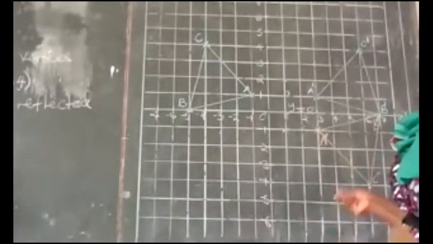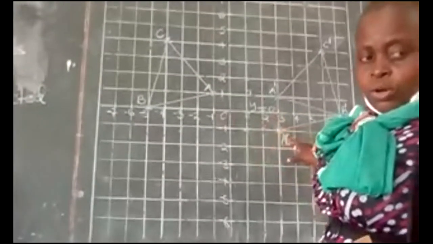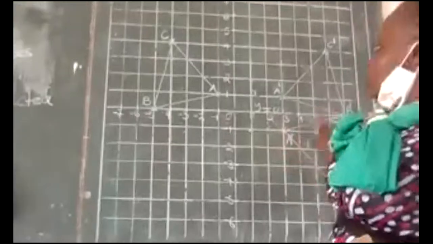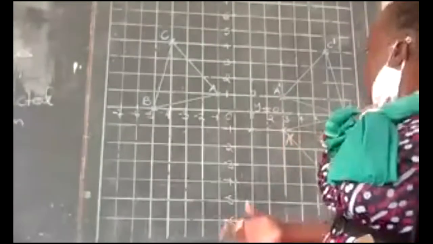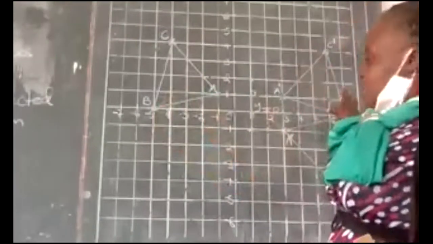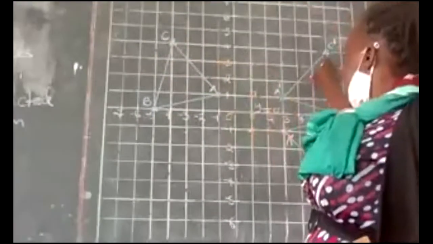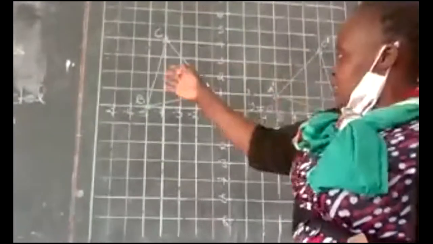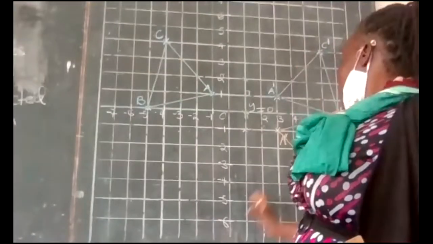So do not leave hanging points. You must always draw the triangle to join the plotted points. Now, after that, we said you must write all these images, rather the coordinates of these points. So we needed to see A prime, B prime, C prime, followed by A double prime, B double prime, and C double prime.